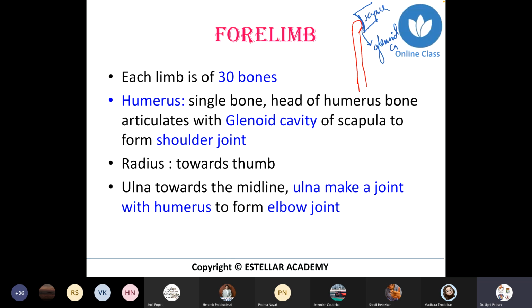And this is the humerus, which is a single bone, and here is the head of the humerus. The head of the humerus articulates, meaning joins, with the glenoid cavity of the scapula to form the shoulder joint. Heard about the shoulder joint? So the shoulder joint is between the head of the humerus bone and the glenoid cavity. Clear?